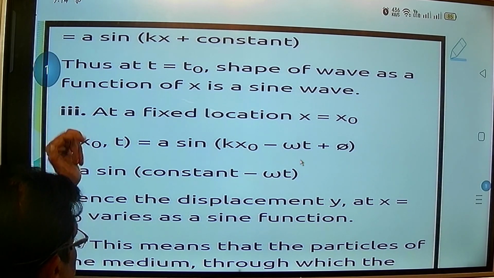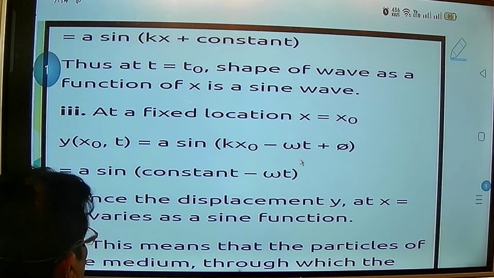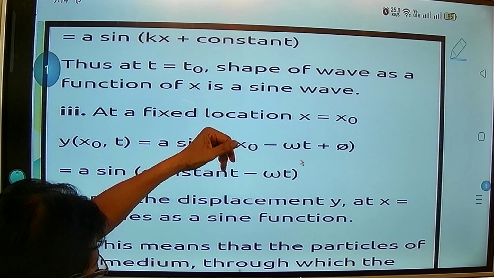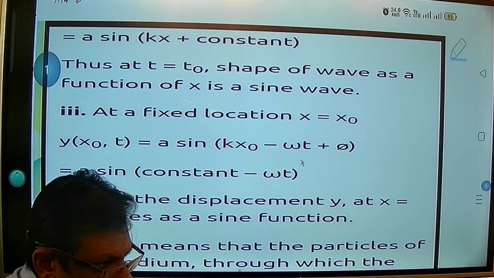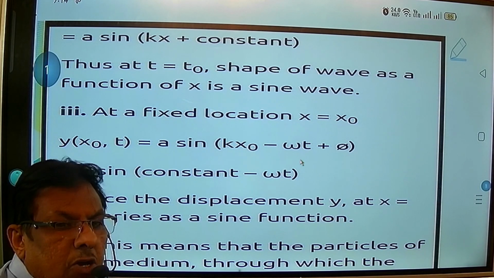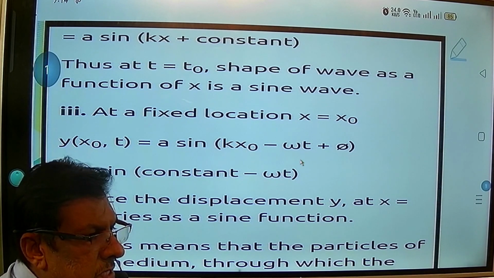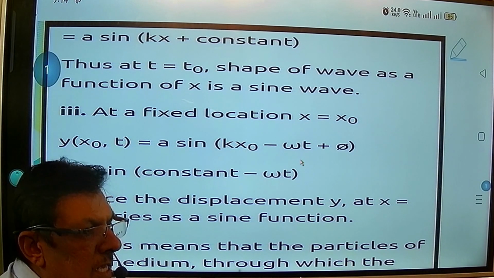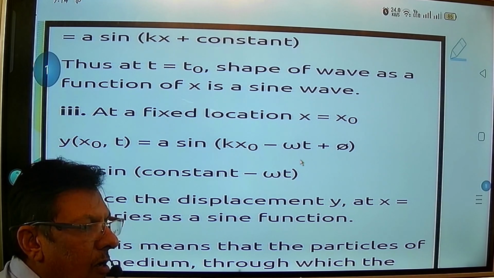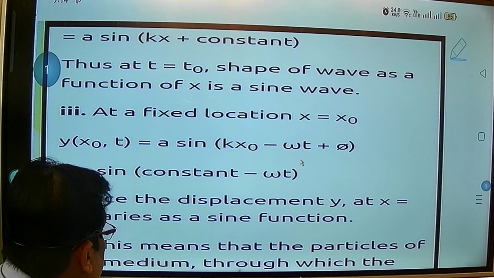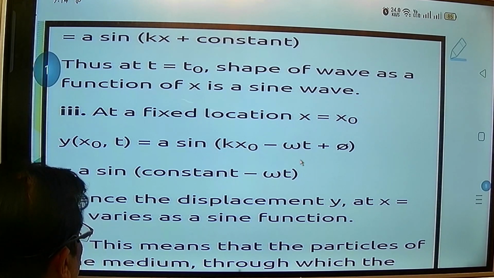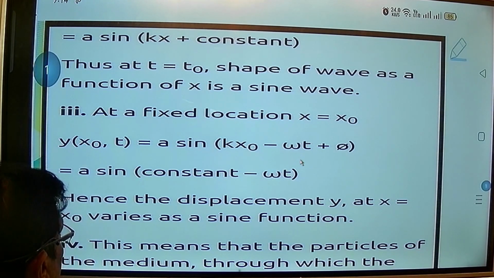If you look here, at time t is equal to t0, the shape of the wave as a function of x is a sine wave. We are all familiar with the sine wave. Means alternately positive and negative half cycles come following each other and it forms a sine wave.